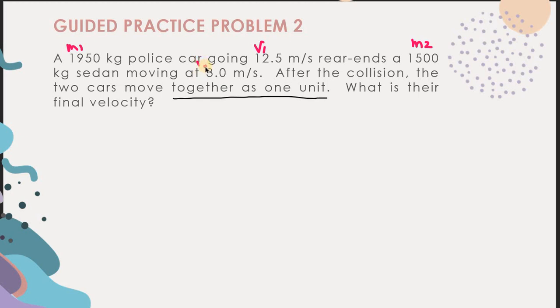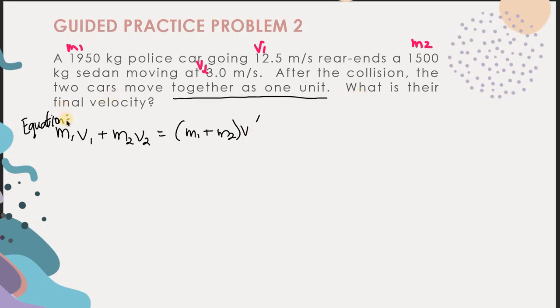I just write it this way so that we can have the equation here. Because this is a perfectly inelastic collision, our equation will be M1 V1 plus M2 V2 equal to M1 plus M2 multiplied by V prime.